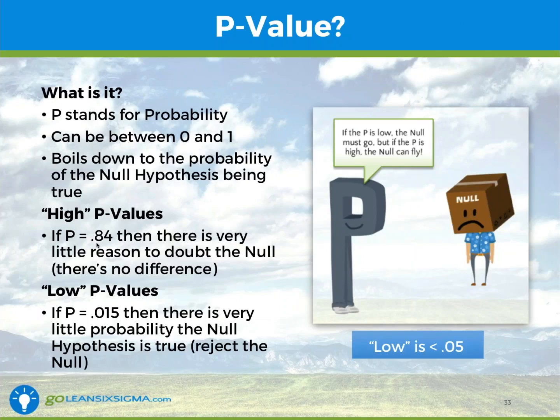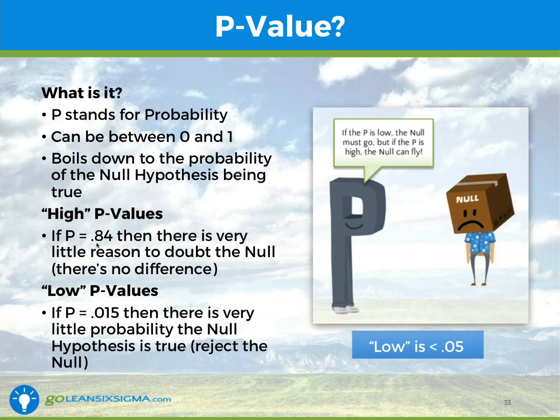So high p-values, if there's something as high as 0.84, remember it's between 0 and 1, then there is very little reason to doubt the null. There's really no difference. If there's low p-values, like if p equals 0.015, it could be all the way to 0, then there's very little probability the null hypothesis is true, so you have to reject it.